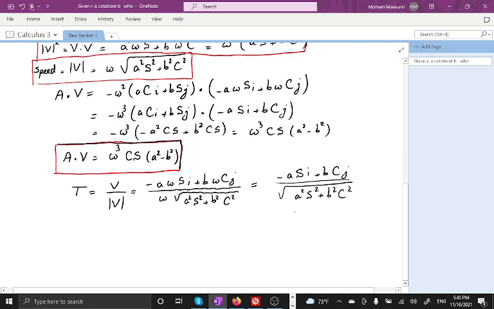Again, remember what this thing is. If you're working a problem from homework and such, this is really what you have to enter there: minus a sine of omega t times i plus b cosine of omega t times j over the radical of a squared sine squared of omega t plus b squared cosine squared of omega t.